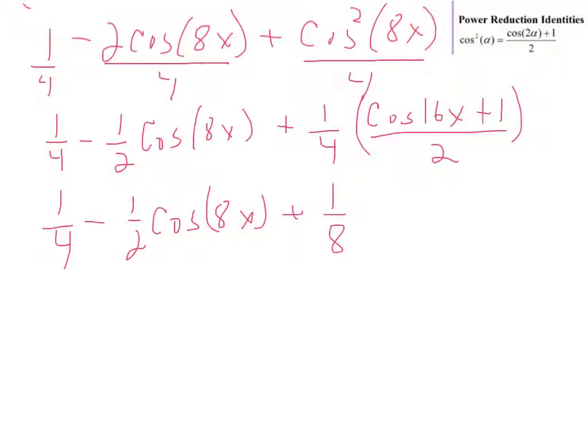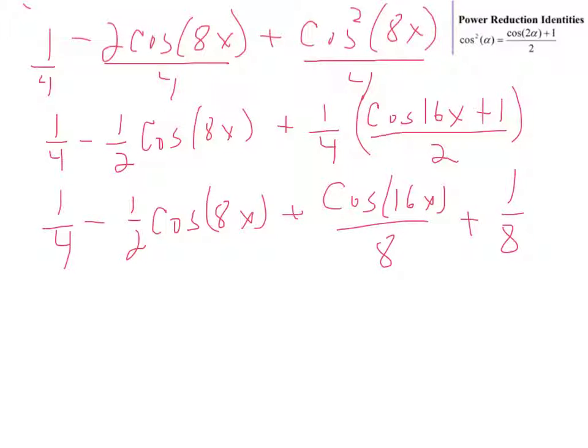Let's see. I'm going to change my gears here. I'm not going to pull that 2 out. What I'm going to do is put the 1/4 through and then break it out to 2 fractions. So that gives me the cosine of 16x over 8 plus 1 over 8.